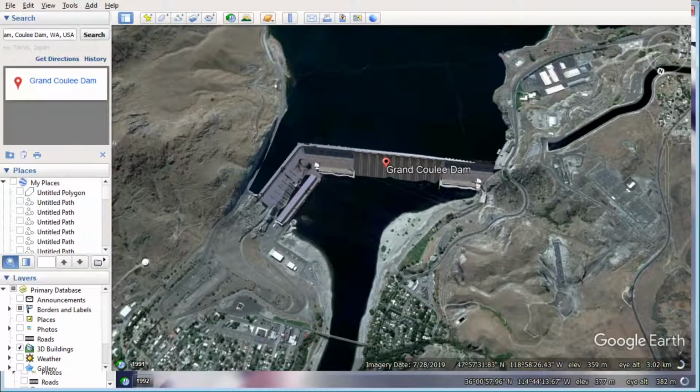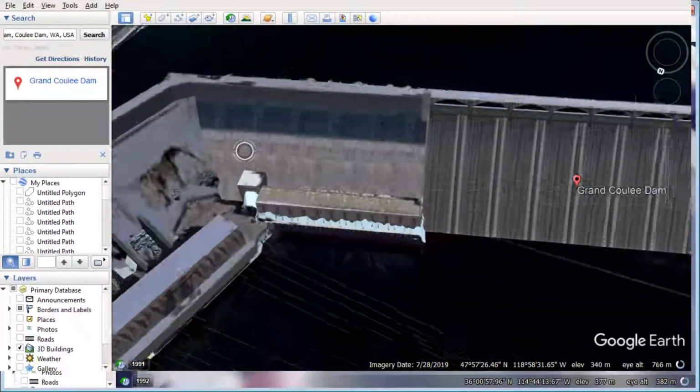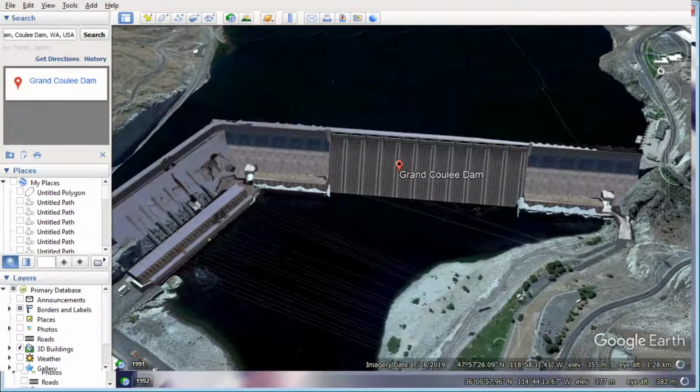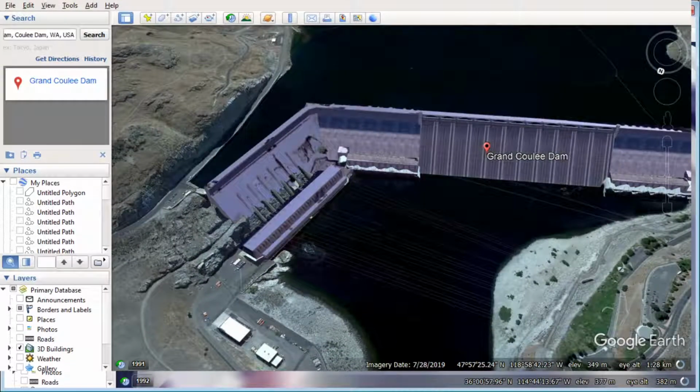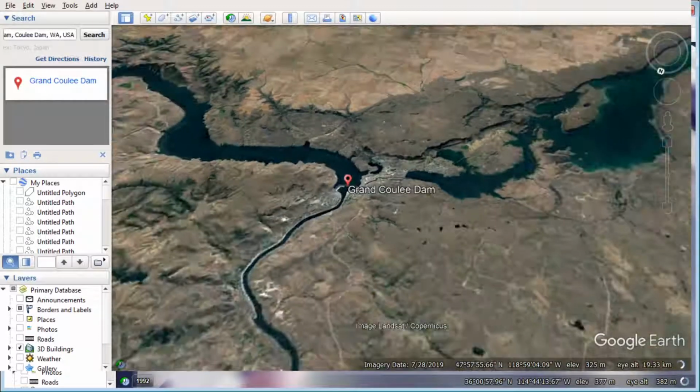I'm opening Google Earth software. This is a dam in the United States of America, in Washington. That is the Grand Coulee Dam. It is one of the biggest gravity dams. As you can see, this is showing the map.